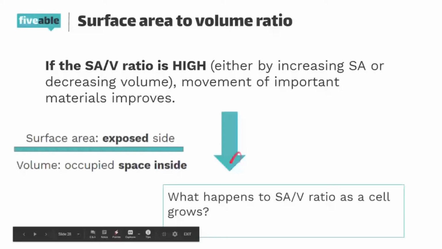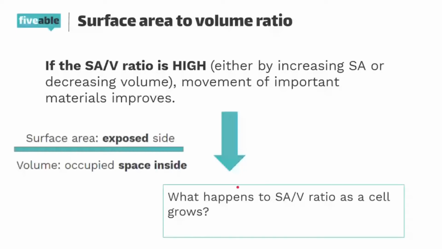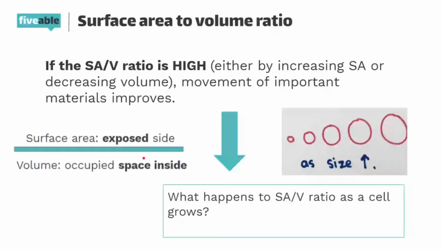So this arrow right here is leading you to this question. What happens to surface area to volume ratio as a cell grows? If a cell is getting bigger and bigger and bigger, what happens to the ratio? You can type your answer in the chat box.